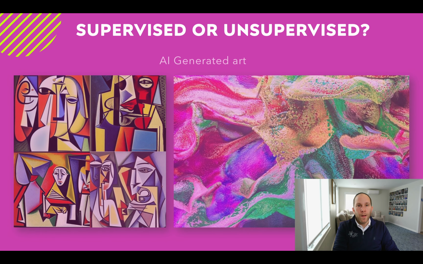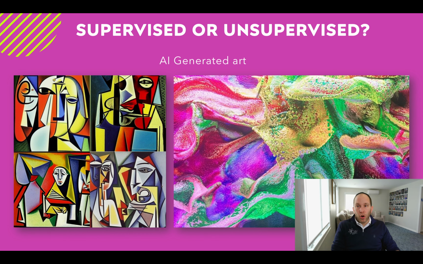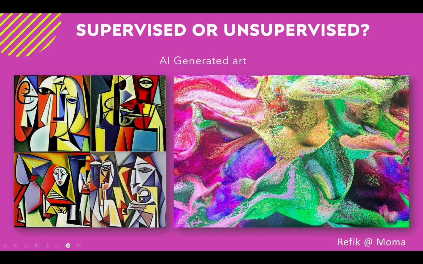Very popular now is art. On the left, you fed your model a bunch of Picassos, and then it spit out similar Picassos. So that would be supervised learning. On the right, this is by Refik. It's actually in the MoMA. These are giant displays, like the size of the whole wall. It's unsupervised. He fed it: this is how you make color.